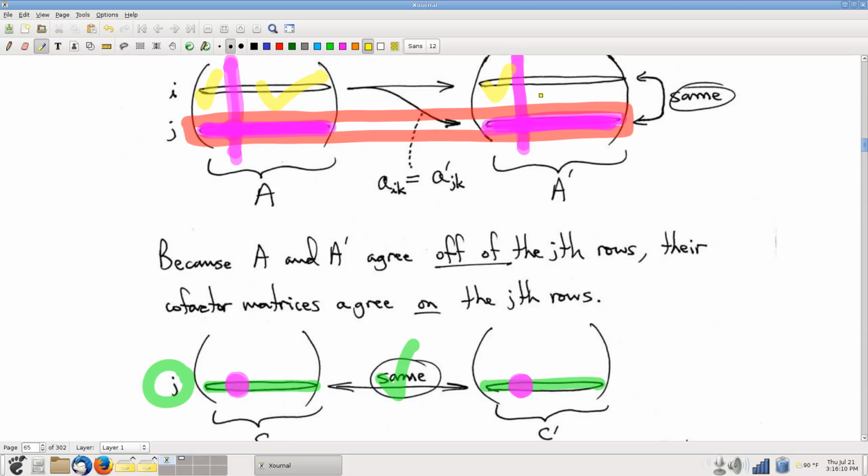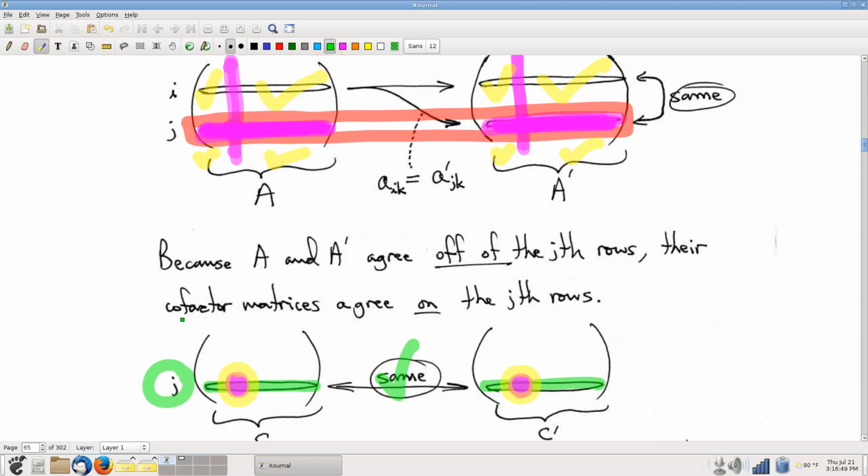All of this is exactly equal to all of that. That's equal to that. That's equal to that. What's left over is exactly the same. The only things that could have been different are things that have been crossed out, namely the jth row in these two matrices. So, therefore, these numbers are the same, and therefore these cofactor matrices agree on the jth row.